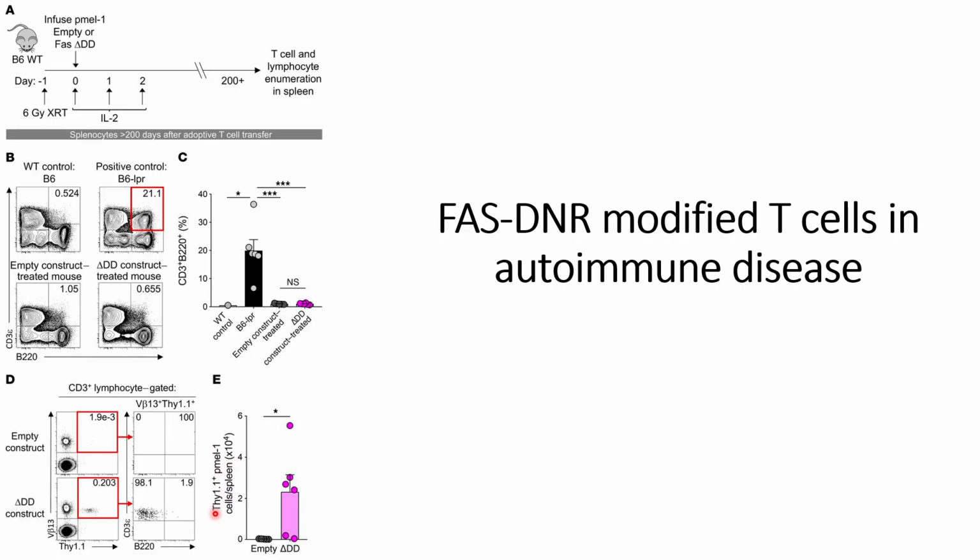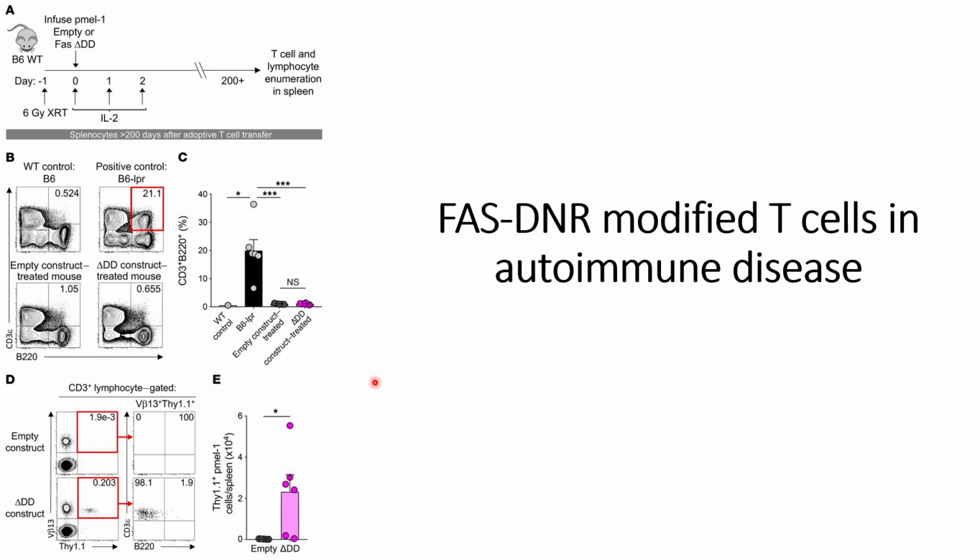This also supports their previous hypothesis that the cells that have intercellular signaling domains get activated in activated T cells, and thereby it will cause apoptosis of the T cells. This could be the reason why the empty construct cells have very low Thy1.1 positive cells. Most of those cells might be triggered to apoptosis by FAS signaling, whereas this is not the case where FAS intercellular domain signaling has been truncated.